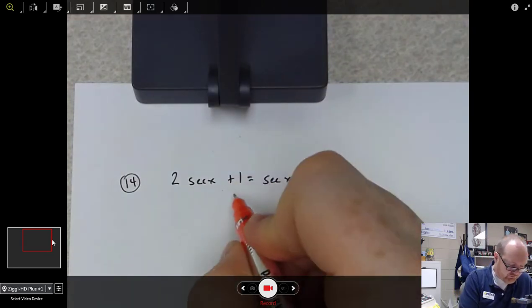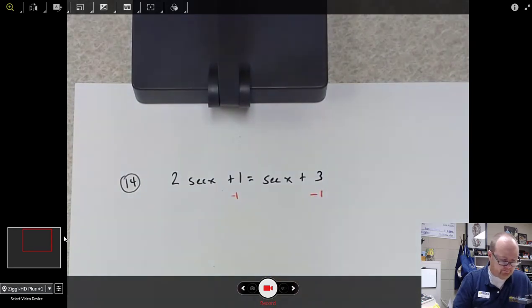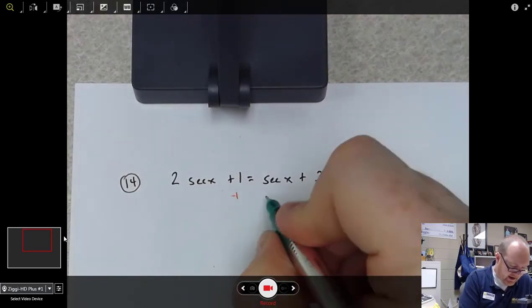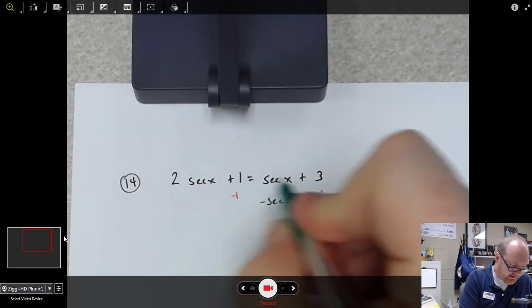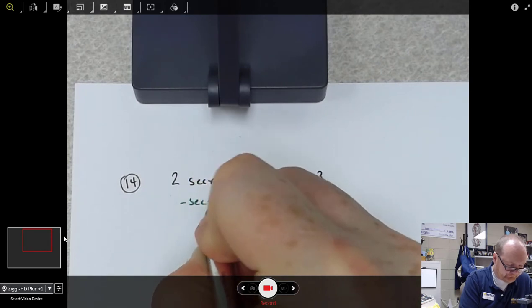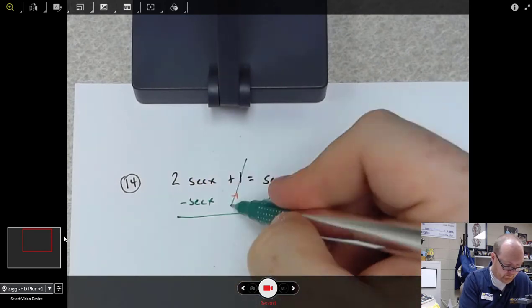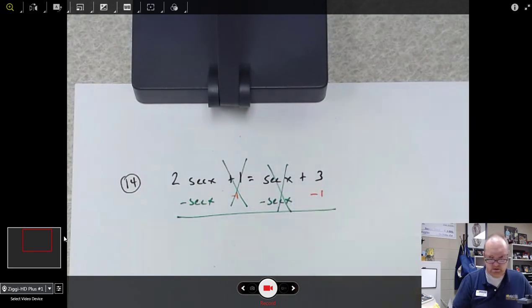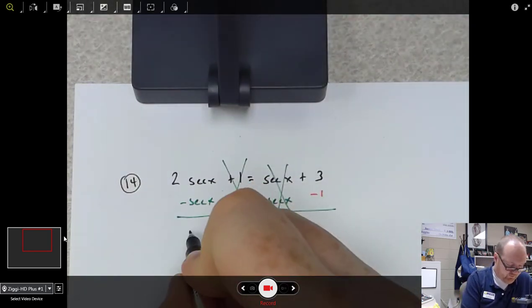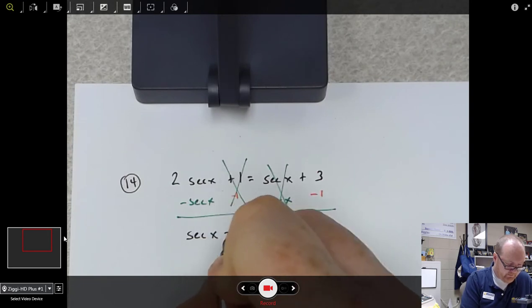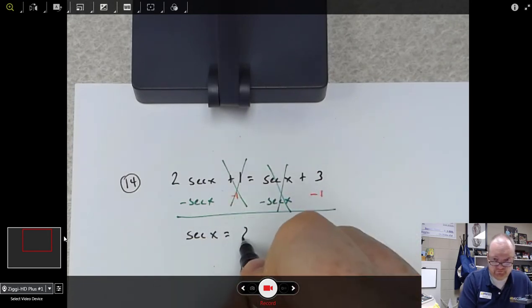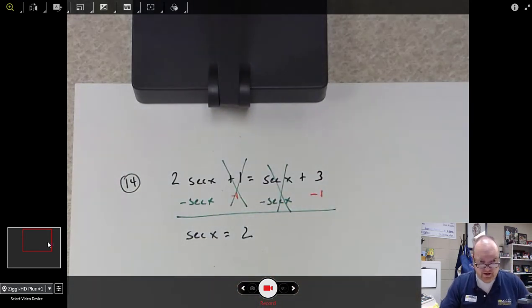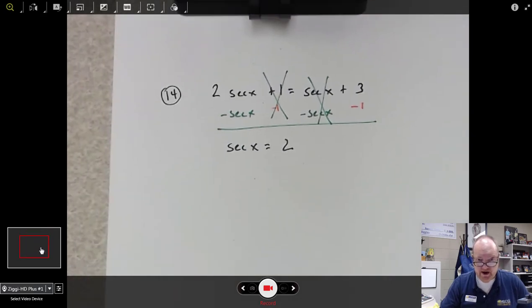I choose to subtract 1 from each side, and I'm going to also subtract a secant from each side. And so 2 secants minus a secant is 1 secant, and 3 minus 1 is 2. And so you can solve that problem from there.